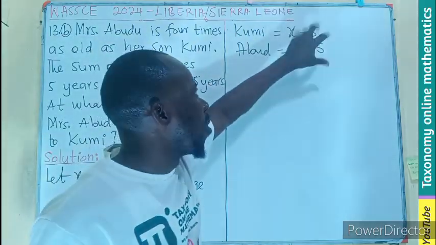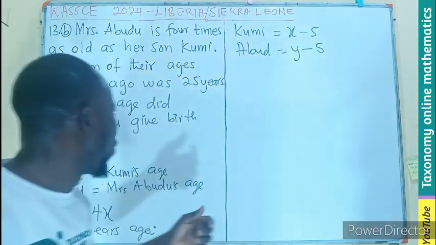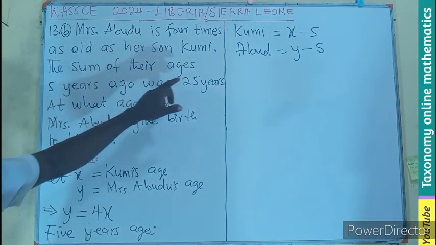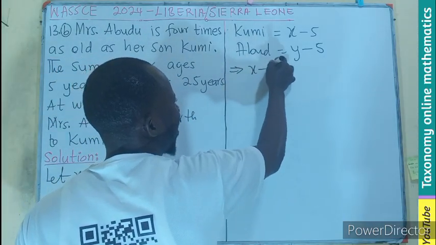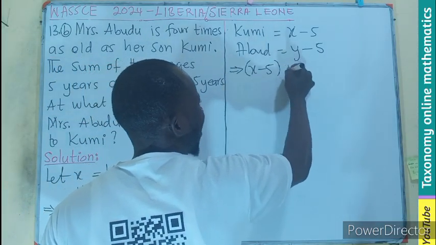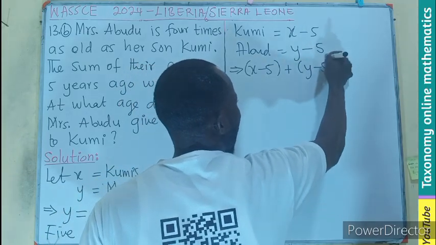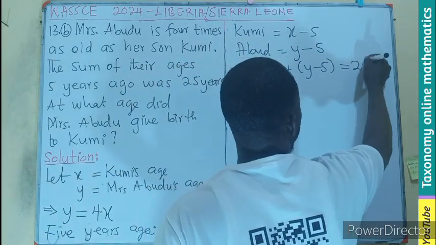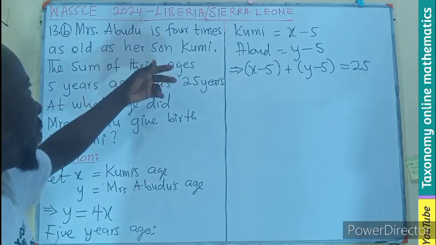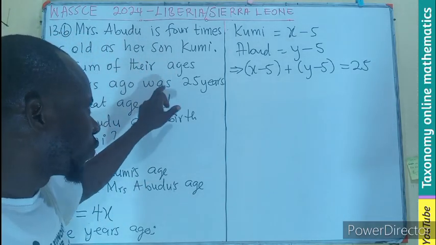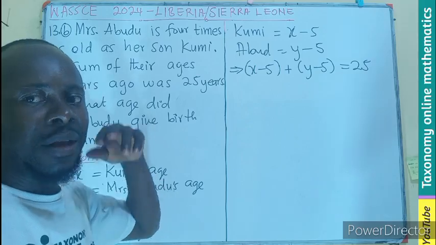Now they are saying the sum of these ages 5 years ago was 25. So this implies that x minus 5 plus y minus 5 equals 25. That's the meaning of the statement.